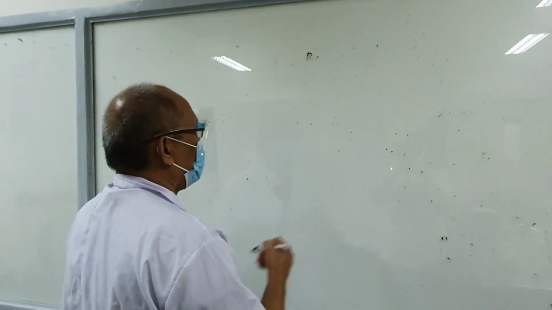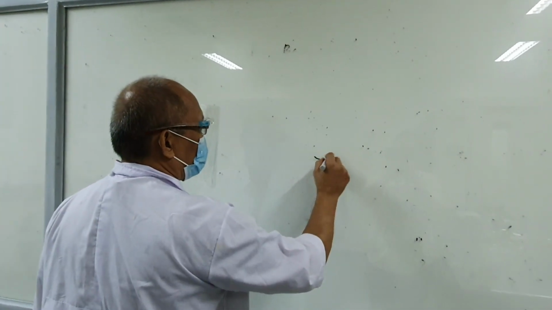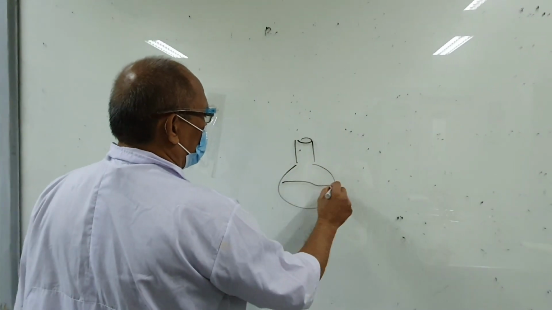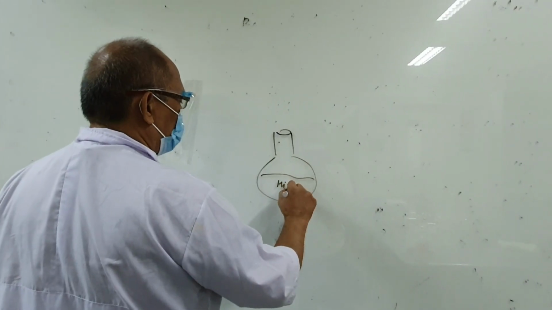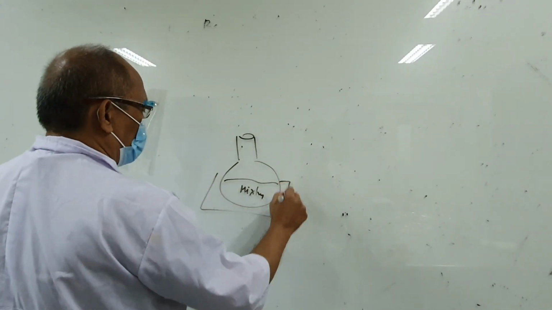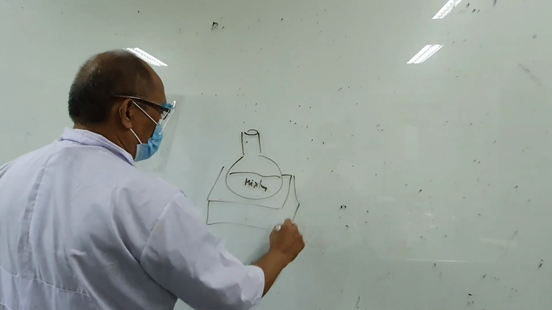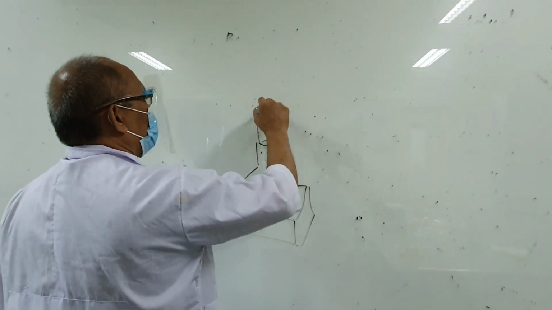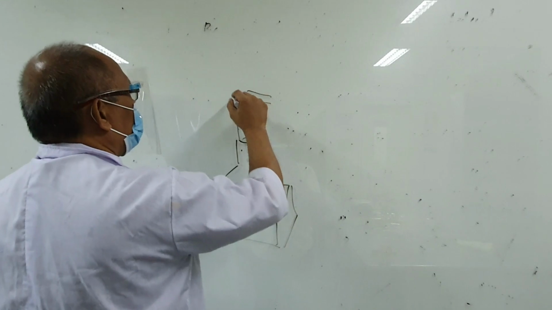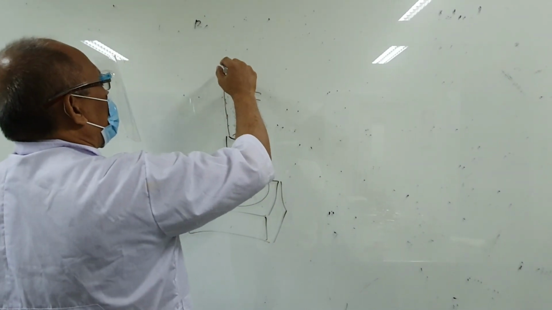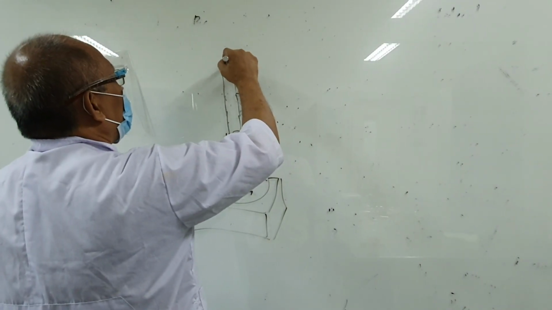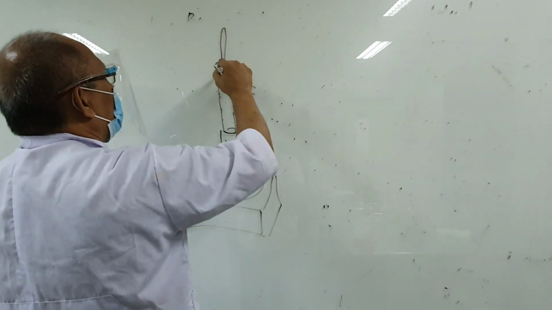Here you have the boiling flask. You place your mixture here, and you have the hot plate. This is connected to the adapter, and here you're going to connect the thermometer.